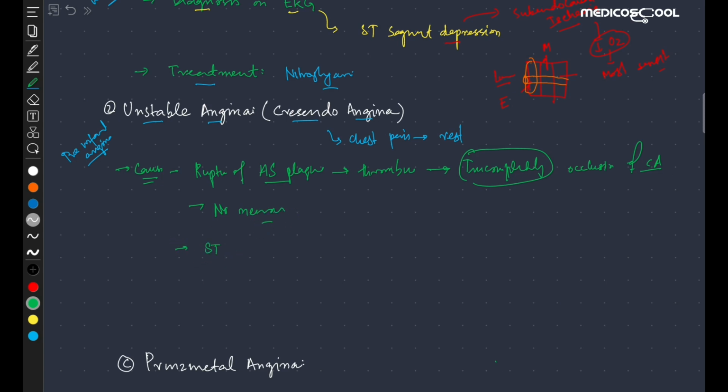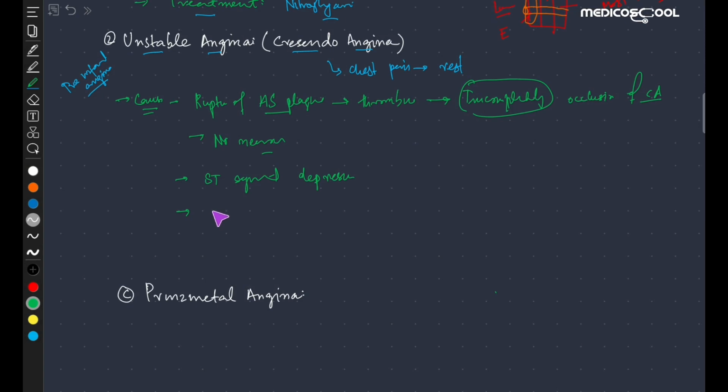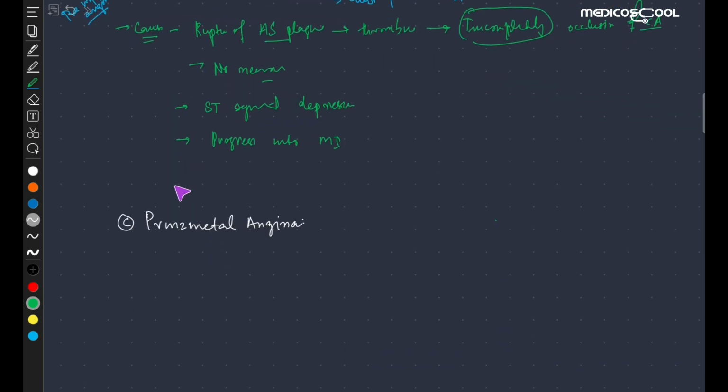There will be ST segment depression, and there is a much higher chance of the unstable angina progressing into MI, myocardial infarction, and it can be relieved by nitroglycerin.